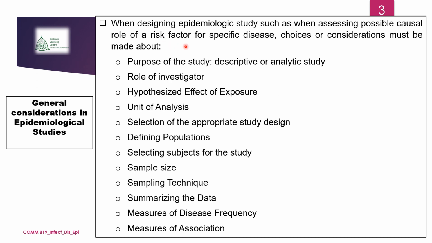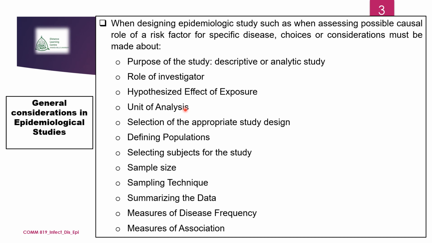For example, you need to consider the purpose of the study. What kind of study do you intend to carry out or conduct? And the role of the investigator, hypothesize effect of exposure to the population.